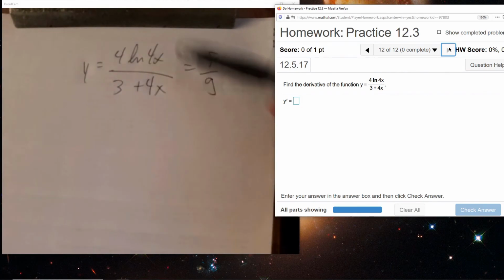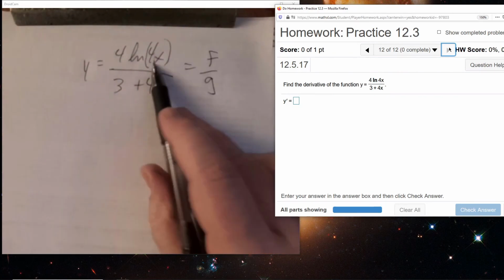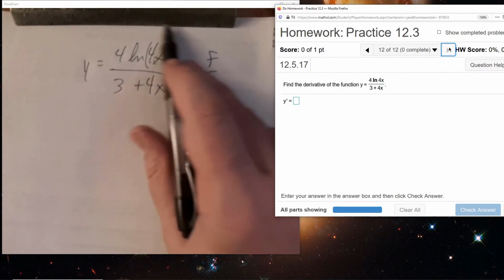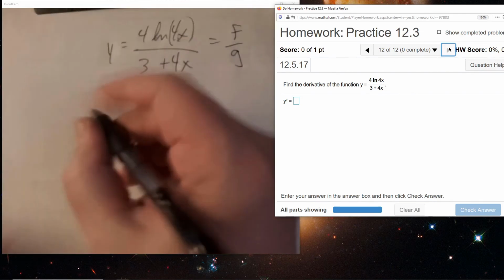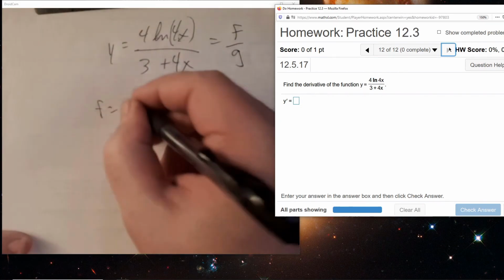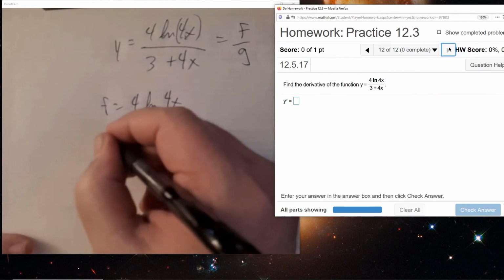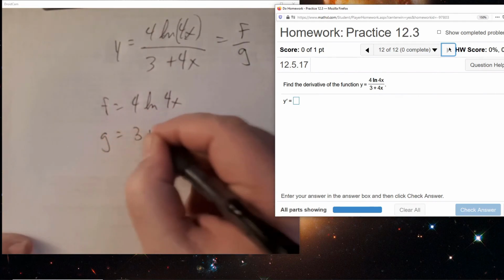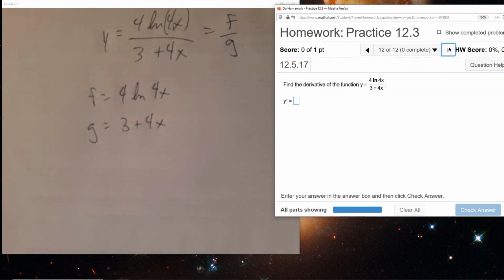Notice also this 4x, this is a power function inside a log function. So we're saying f is the numerator and g is the denominator. Now to do the quotient rule, we need to use derivatives.